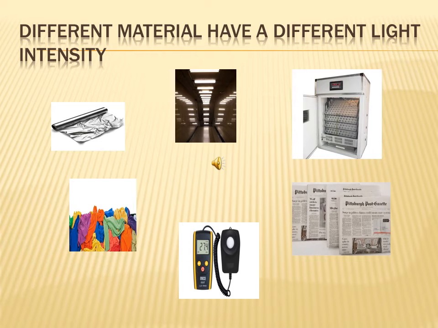Different materials have different light intensity. Fluorescent light, incubator, newspaper, dark cloth, aluminium foil, tray, they all have different light intensity, which we can measure with a lux meter or light meter.